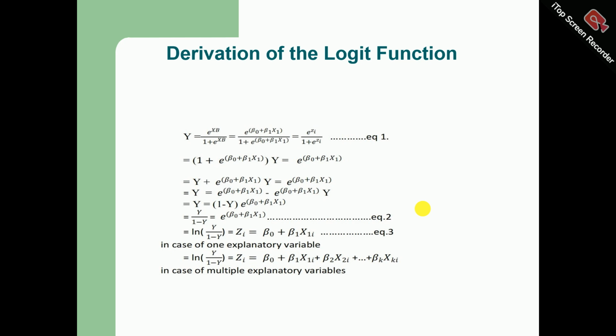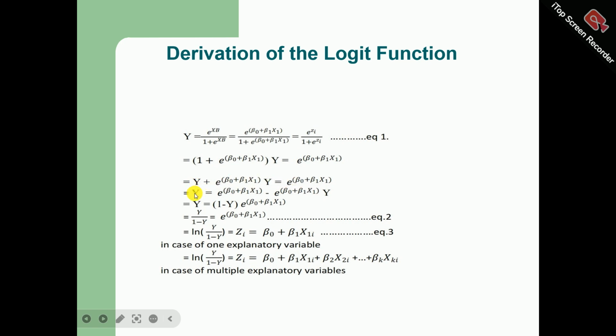We can multiply y by 1 plus e raised to the power beta naught plus beta 1 x1. So we have it like this, and that will be equal to e raised to the power beta naught plus beta 1 x1. Then we can open this and multiply this by y, so we have y here, and we can also multiply this by y, so we have y here, and that will be equal to the right hand side.